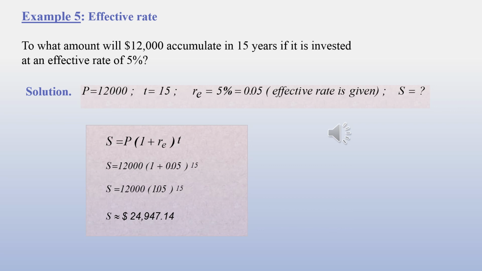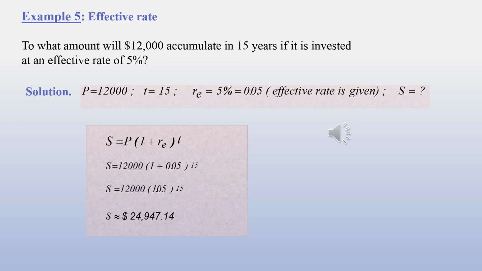Example 5. Effective rate. To what amount will $12,000 accumulate in 15 years if it is invested at an effective rate of 5%? From the problem, we get the information of the value of P, which is 12,000, and T equal to 15.